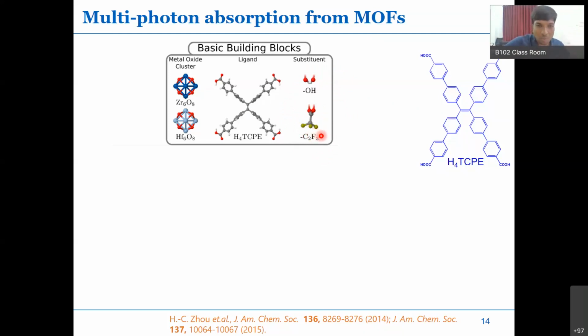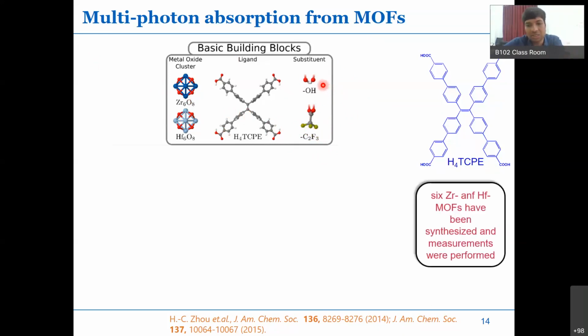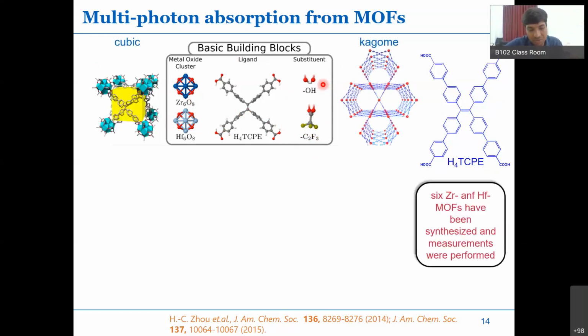Okay, so by a combination of 2 metal oxide nodes, 1 organic linker and 2 different substituents, we have prepared 6 zirconium and hafnium MOFs. During this, we prepared 2 different structures. One is cubic, as you can see here, it's a cube, where all the corners are located by the metal oxide clusters and the faces are occupied by the linker.